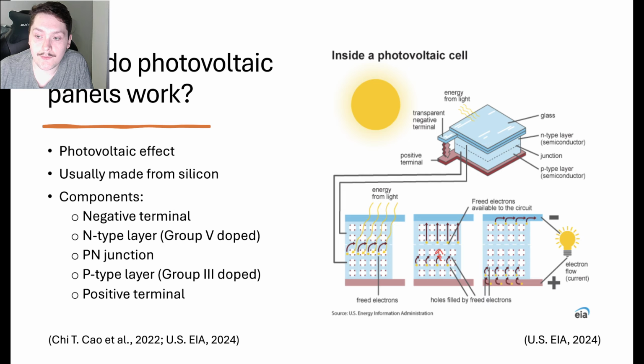And then that electron is going to generate a hole, and it's going to be filled by the electron below it. And it's going to keep going and going until it has a hole down at the bottom by the positive terminal. The free electron that went and powered something is now going to come back in, and it's going to fill that hole, and the entire process is going to happen over and over again as more and more photons hit the photovoltaic cell.